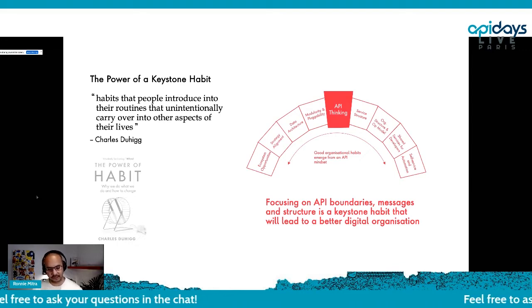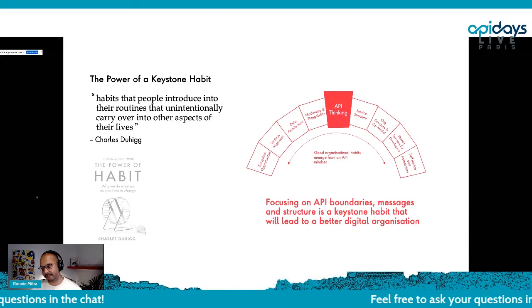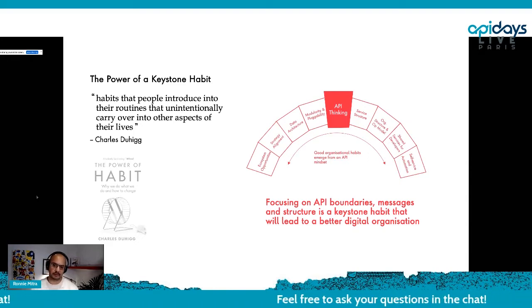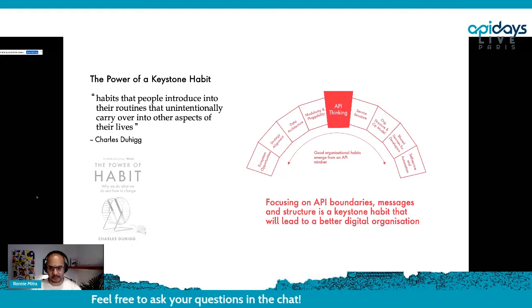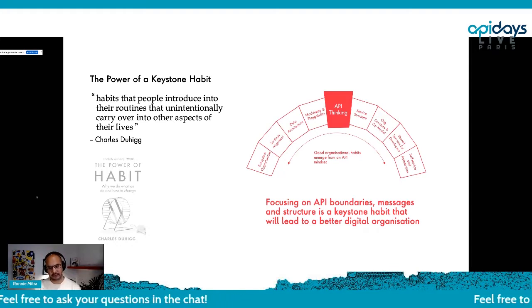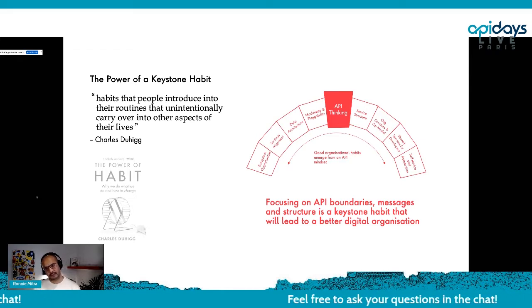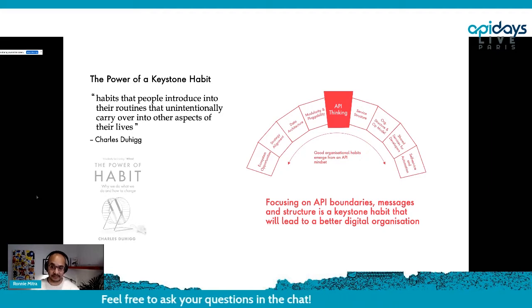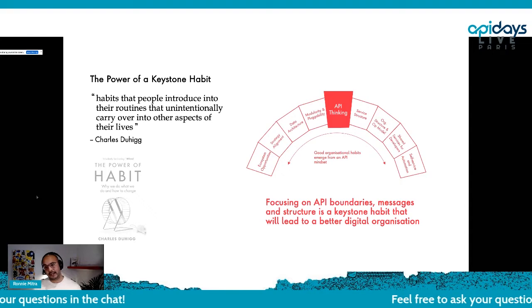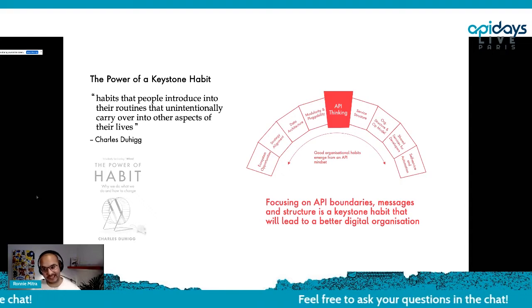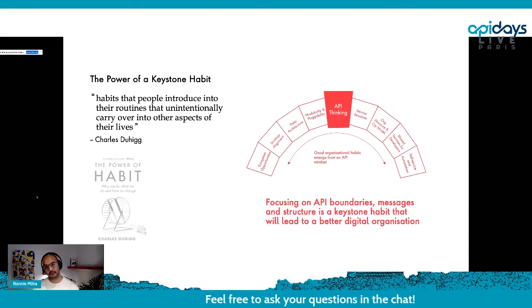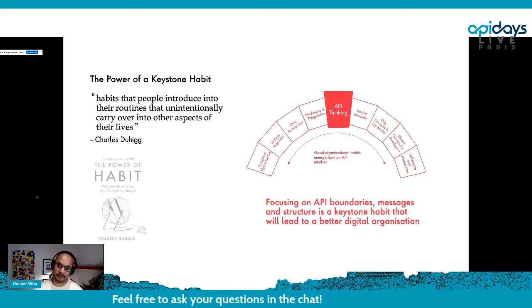But what I have found in the last 3 years of really digging into this with large companies is that focusing on these aspects of APIs, particularly the boundaries, the messages, and the structure, really getting the habit of becoming good at optimizing that and thinking about it and designing it, seems to lead to these other habits that get you to the type of organization you want to become, more so than I've seen with other areas.